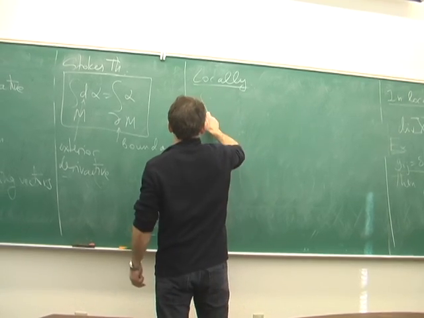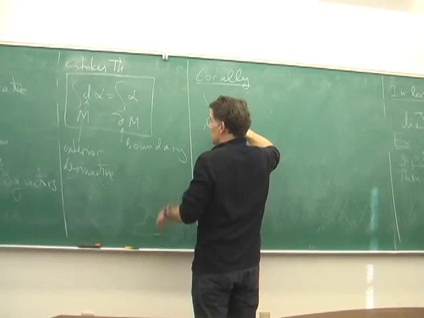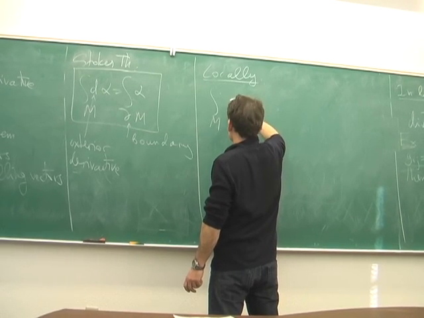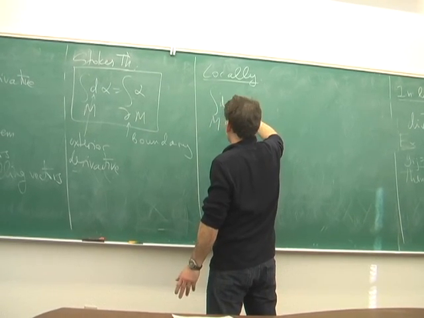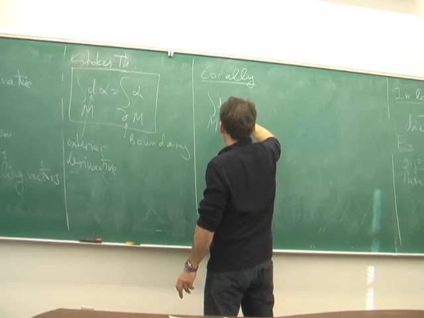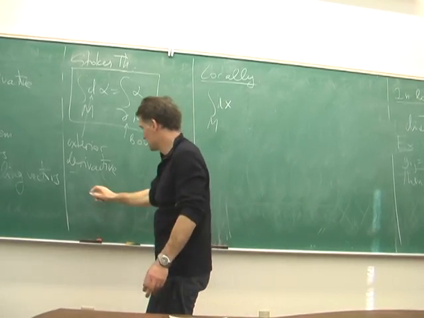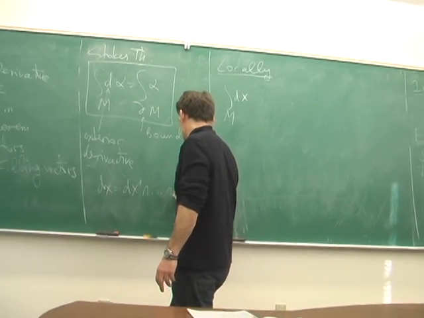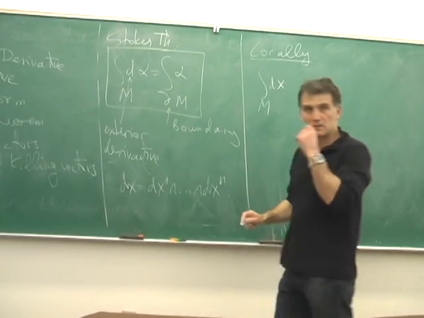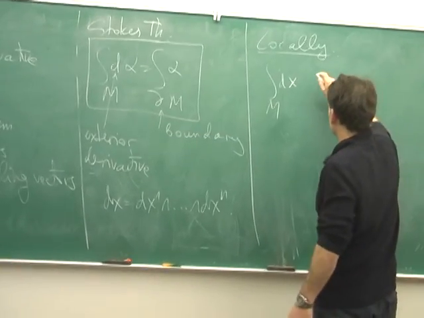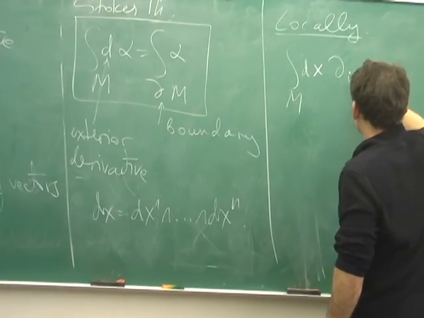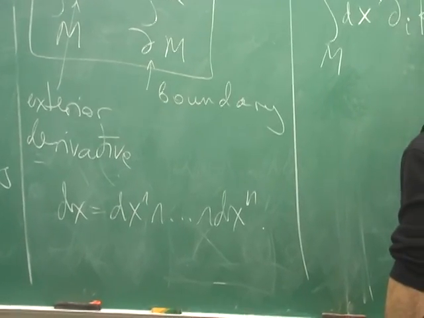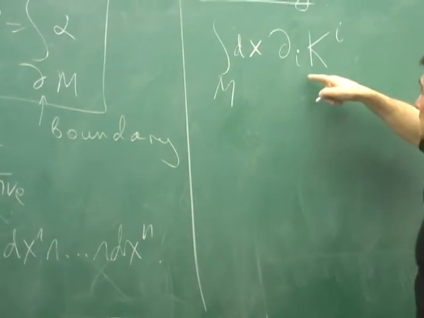And so you know how you would do it. You basically do something like this. Well, you have some volume element. When I write dx, then it is dx1 through dxn. And then you have d_i, let's say a^i. Well, it looks like a divergence, right?